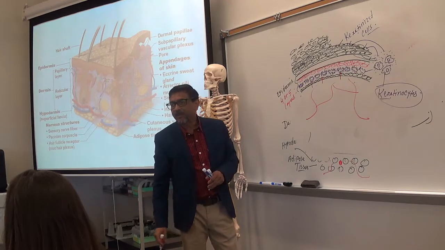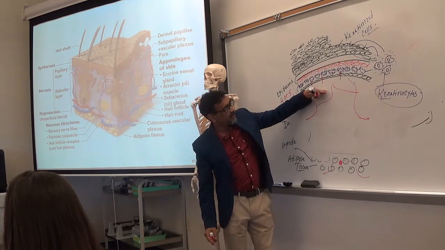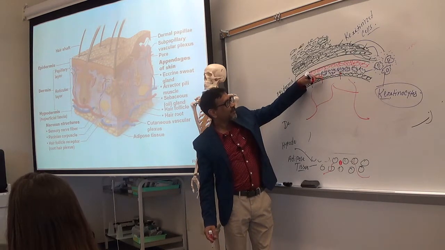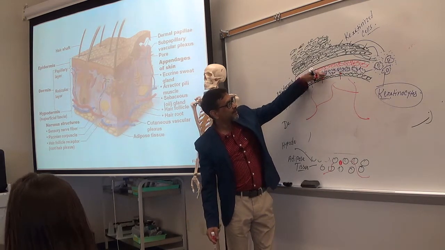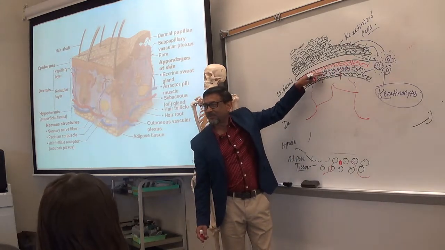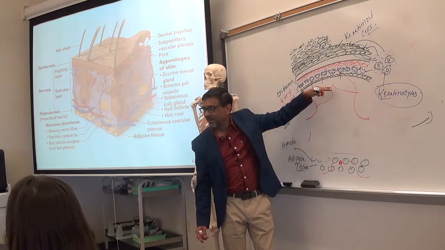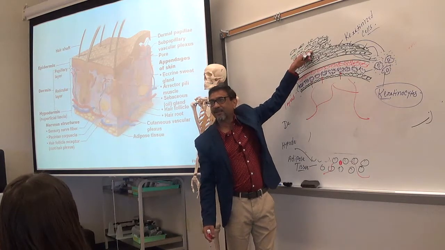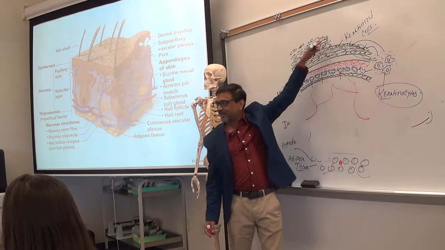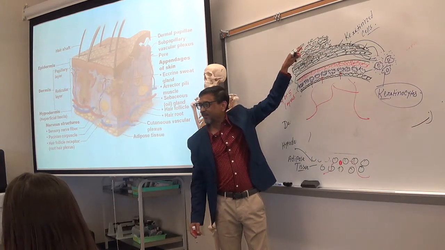Now you tell me, since the nutrition and oxygen enters from the dermis, these cells get more nutrition and oxygen. Make sense? Because these cells are close to the dermis. And these cells get what? Less. Right? And many of these cells are dead cells. Now it makes sense, right?